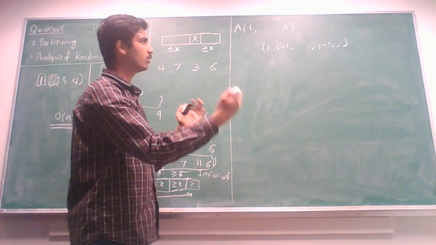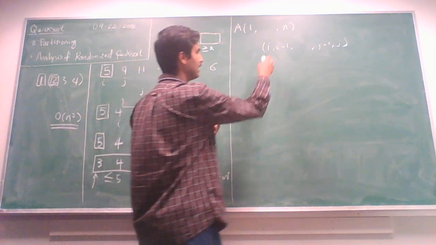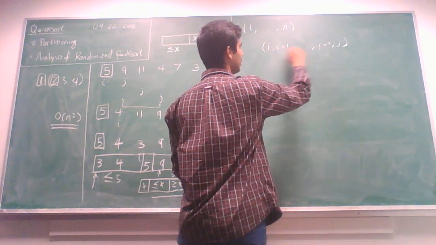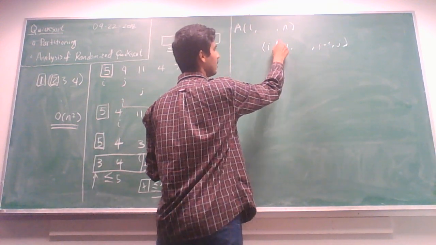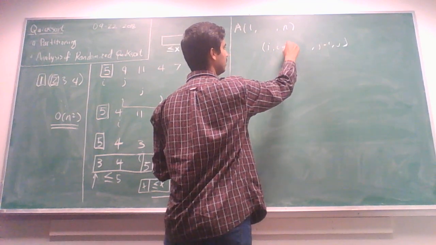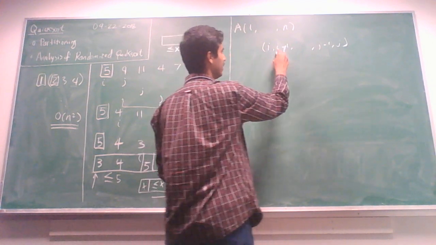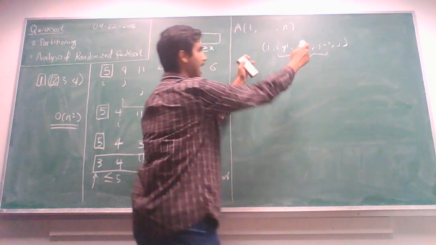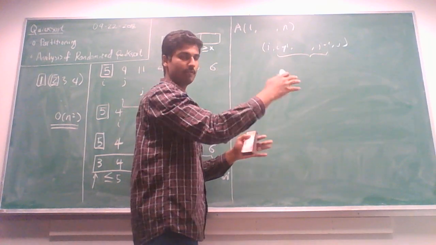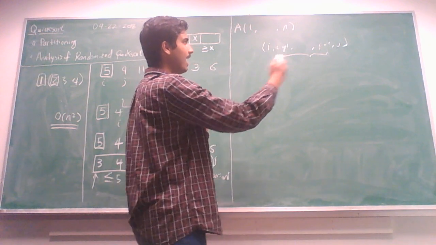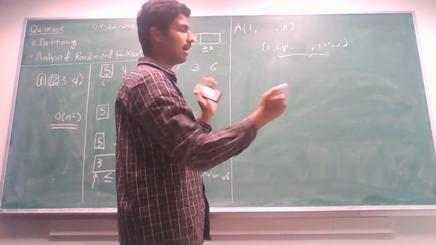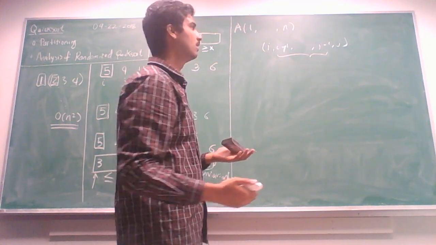So i and j will only be compared when either of these elements is selected as the pivot. If anything from i plus 1 to j minus 1 is selected as the pivot, i and j will be separated forever for the rest of the algorithm. So the only way i and j are compared is when i or j is selected as the pivot.